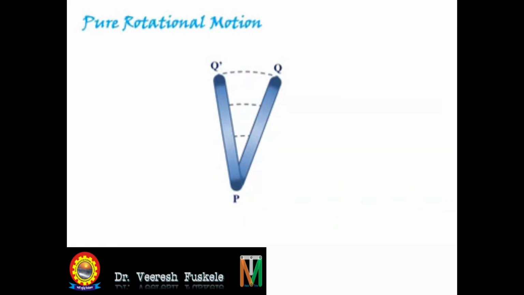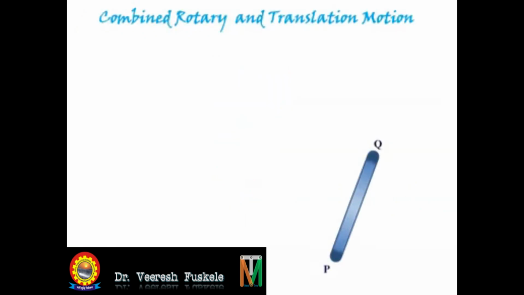Next, we shall see the combination of the rotary and the translatory motion. Suppose there is a rigid body which moves from position PQ to P2Q2. So we can see that there are two types of motion, translatory and rotary both. So this can be described as follows.